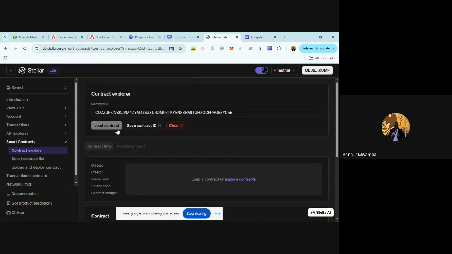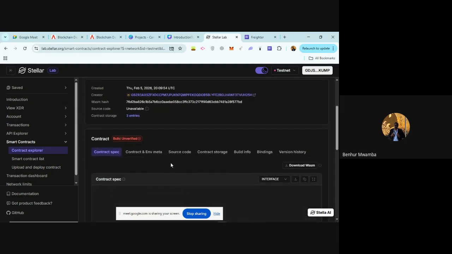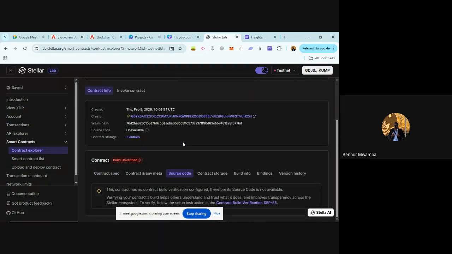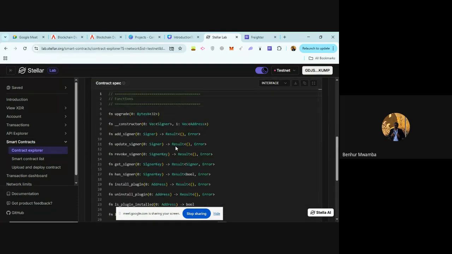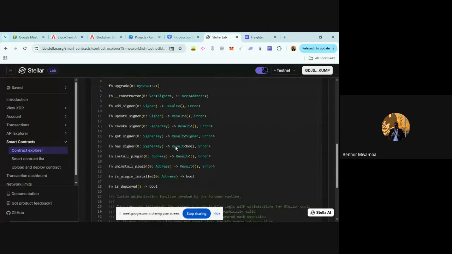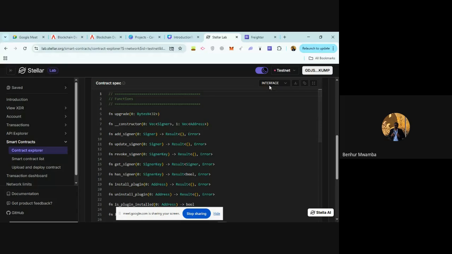So here is a list of contracts. We can load it and look at the source code. Here you see the functions.